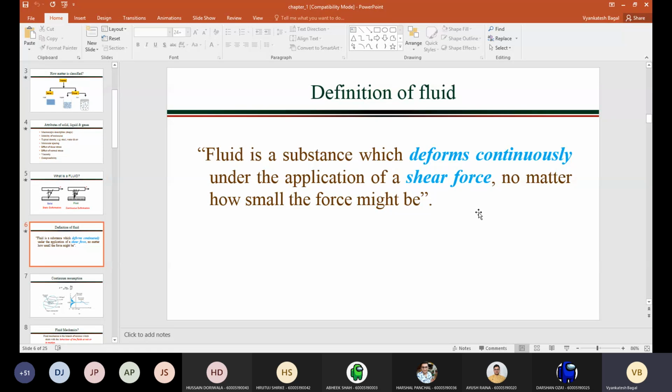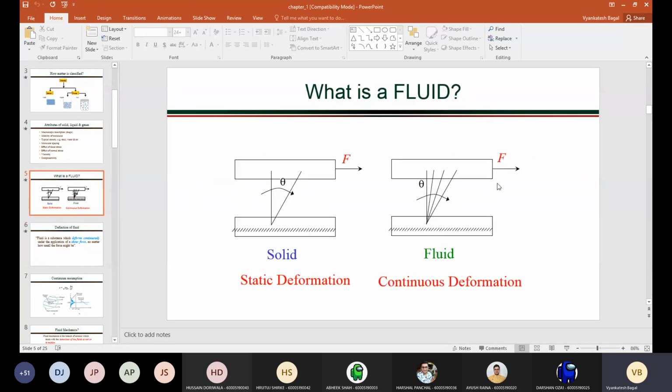So fluid is a substance which deforms continuously under the application of shear force, no matter how small the shear force might be. If I go back to the previous slide, here I am not going to talk about the value of the force F, whether it is 100 Newton, 100 kilonewton or 1 Newton.